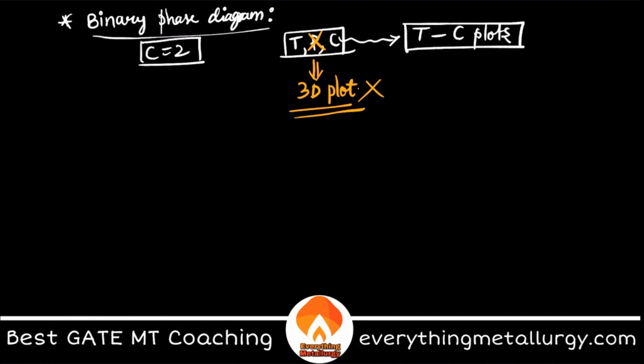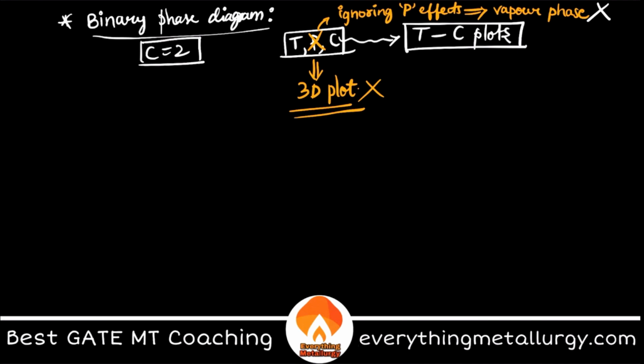Concentration or composition, whatever you want to call it. So you are ignoring the pressure effects, as we have discussed. That means here it is a condensed phase diagram. There won't be any vapor phase. Vapor phase will not be present. This is an important thing.